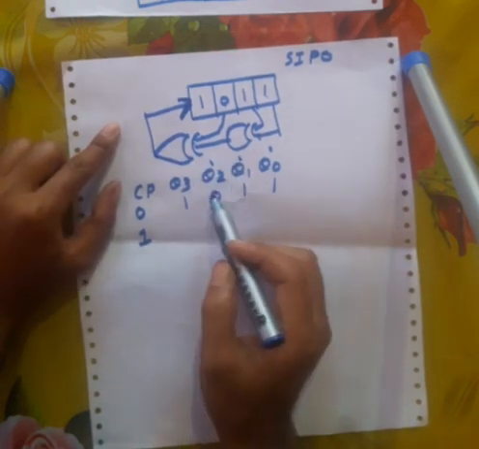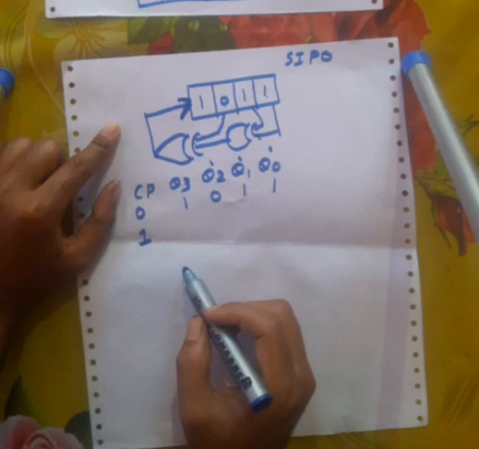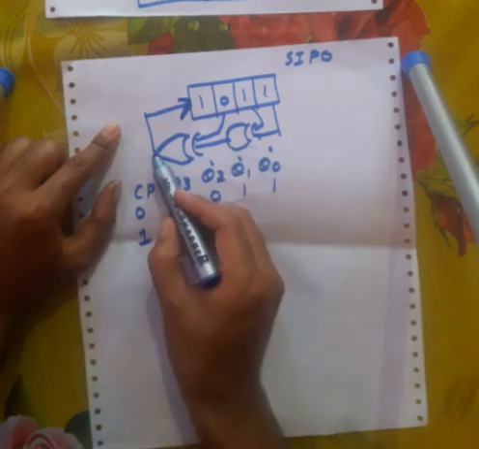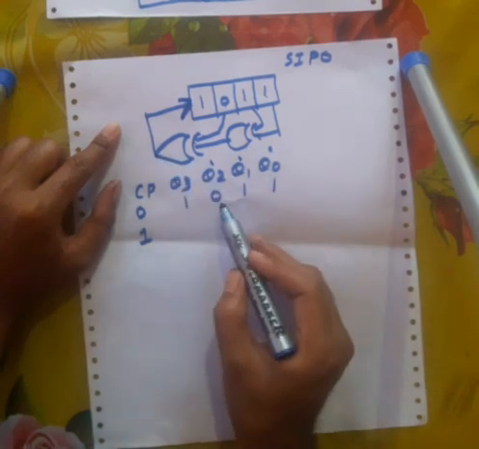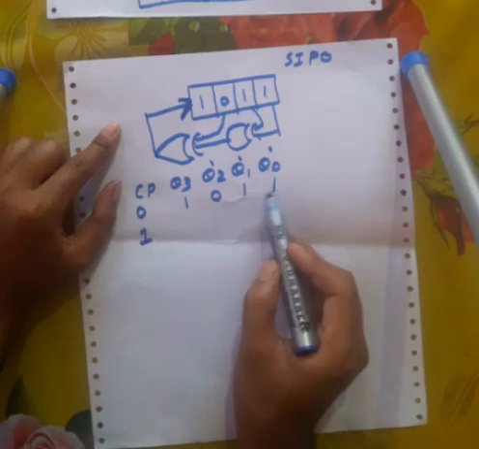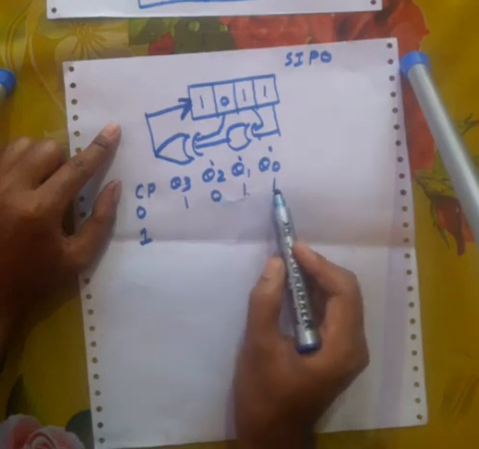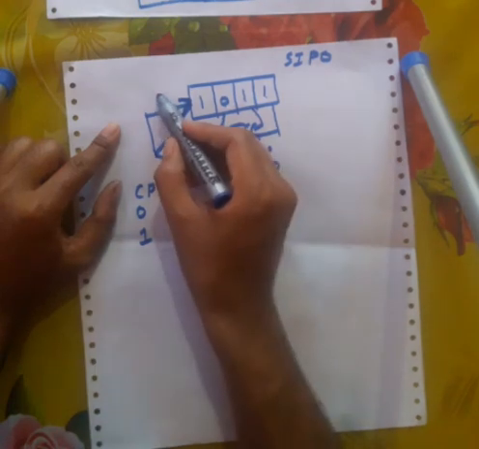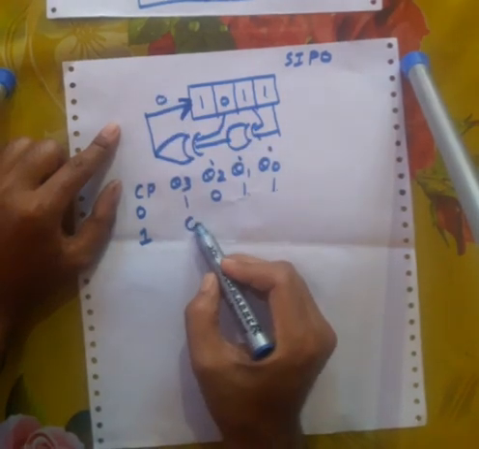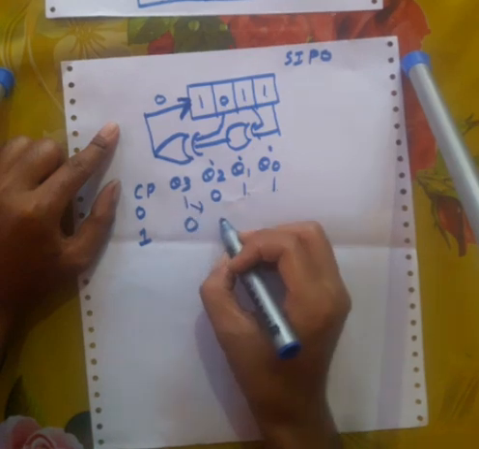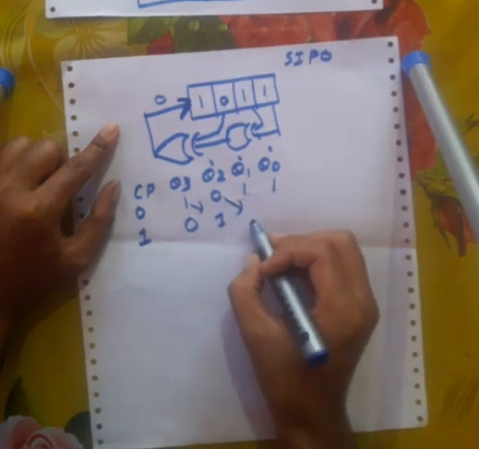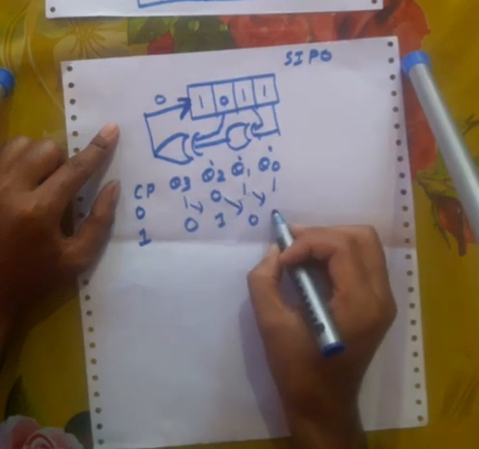So after the first clock pulse, the input is 0, 1, 1. Two ones means an even number, so the output will be 0, which means 0 is coming here, and the rest will shift here, here and here.